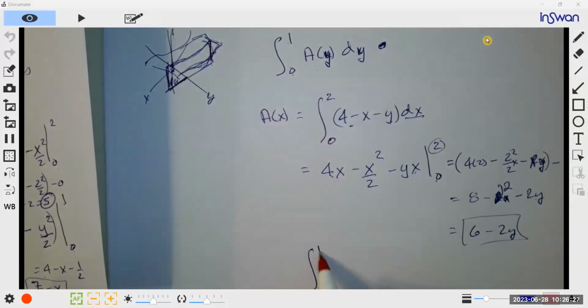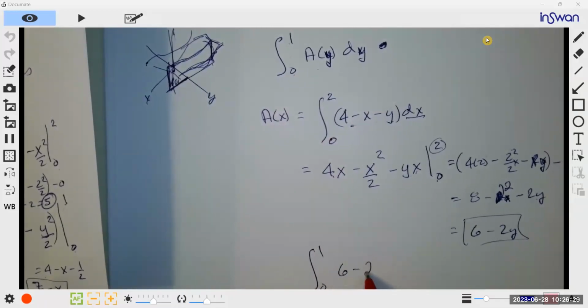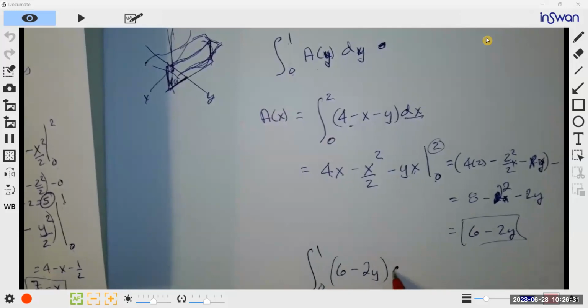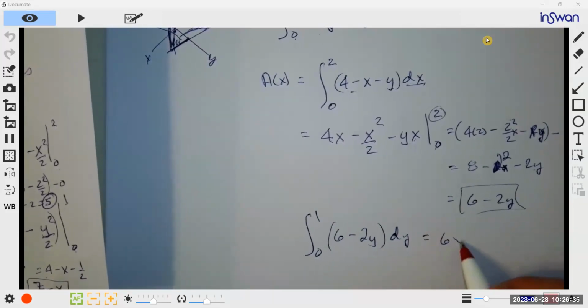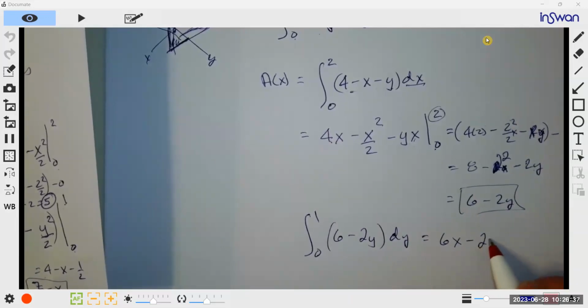We integrate with respect to y now. We get 6y minus 2y squared over 2.